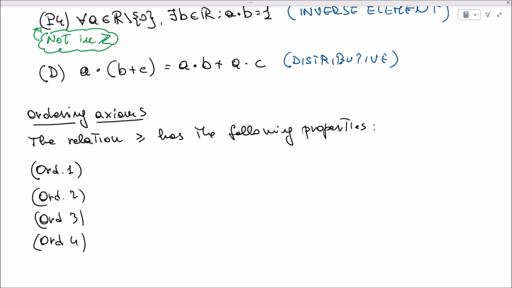Okay, so the first one says that for every x in R and for every y in R, there must be x larger than or equal to y, or y larger than or equal to x.